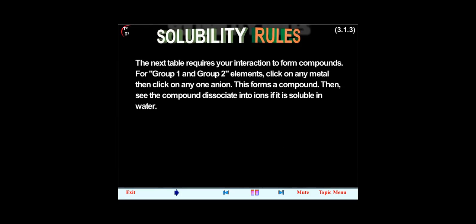The next table requires your interaction to form compounds. For group 1 and group 2 elements, click on any metal, then click on any one anion. This forms a compound. Then see the compound dissociate into ions if it is soluble in water.